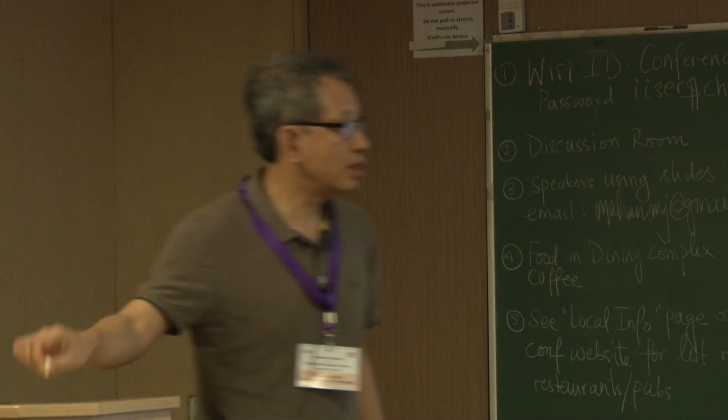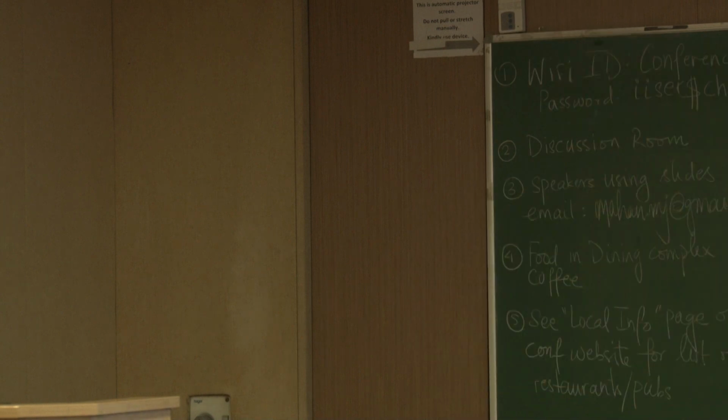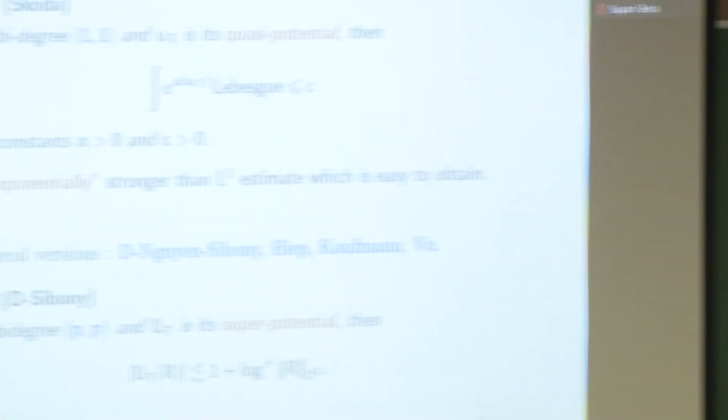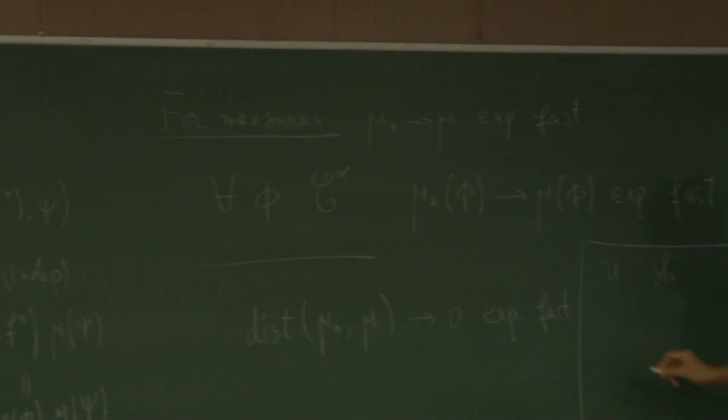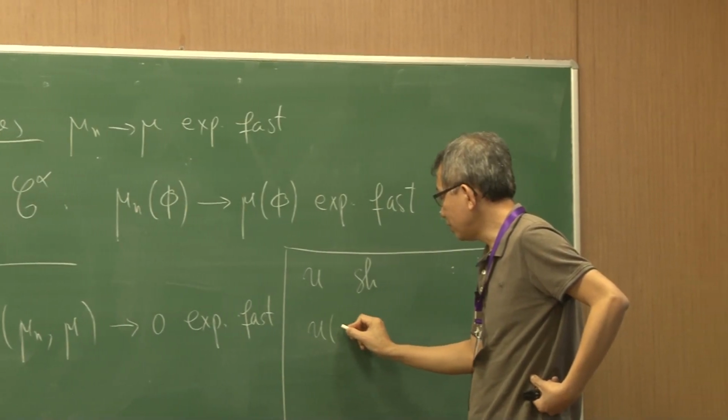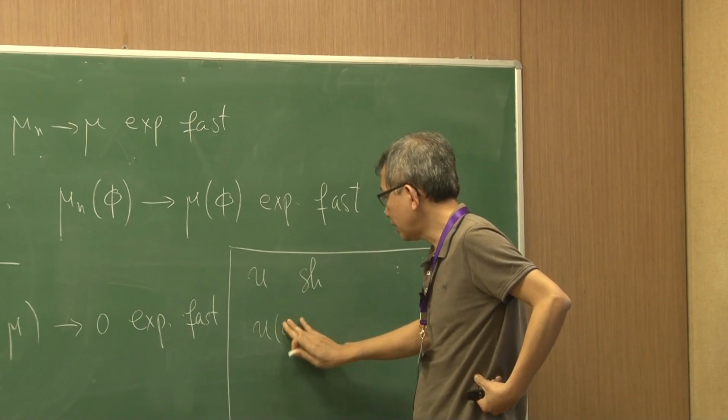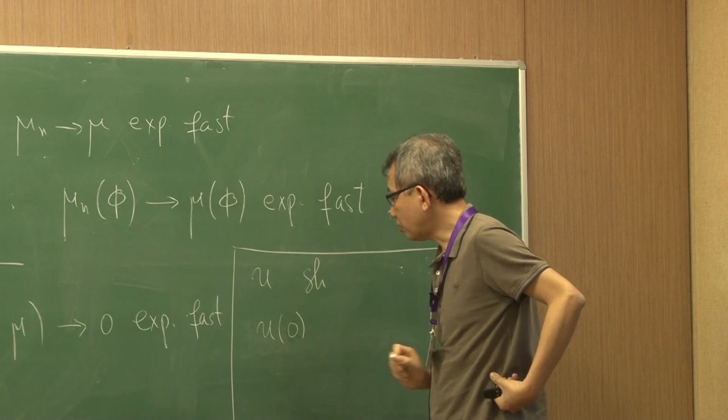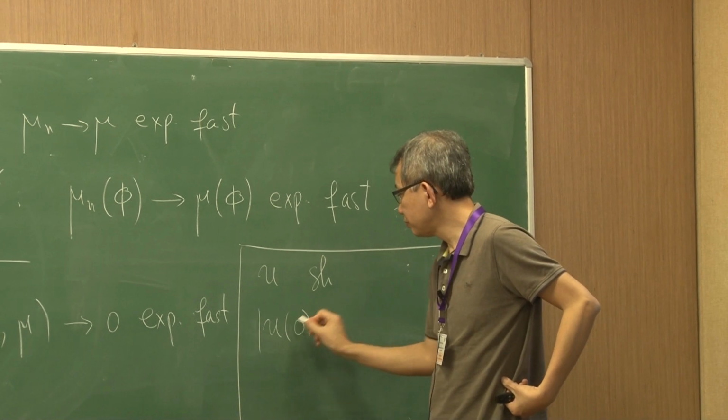It's similar to this one. Assume that you have U a subharmonic function. Then in general, you can have no estimate about, let's say, U at 0.